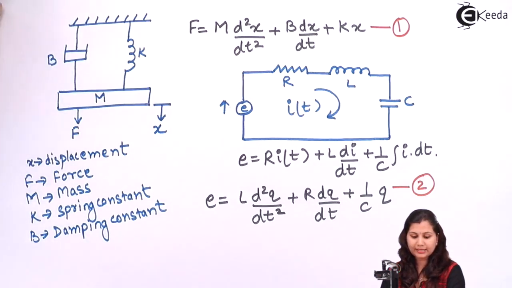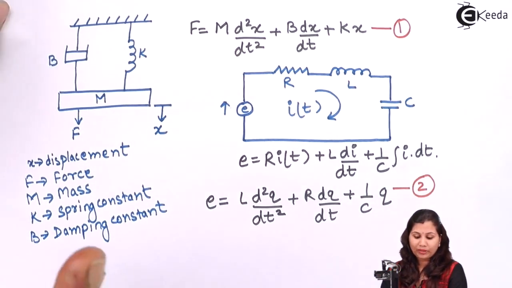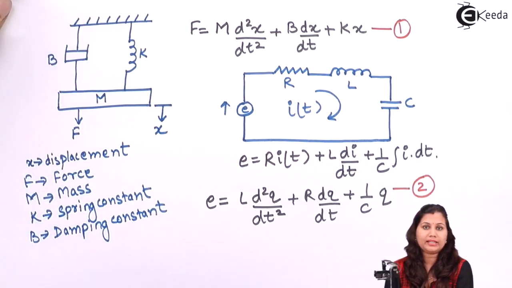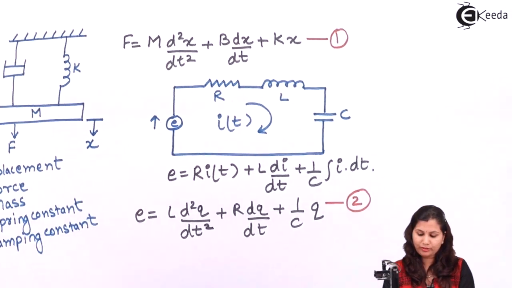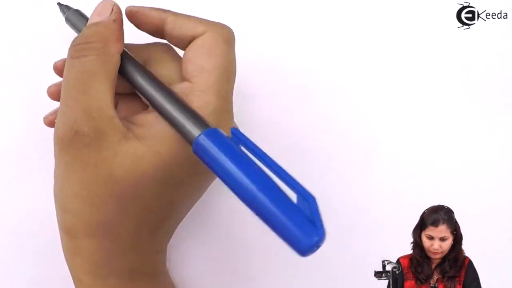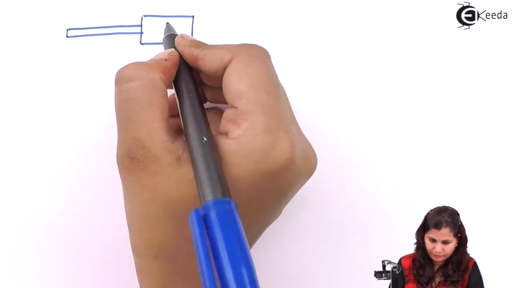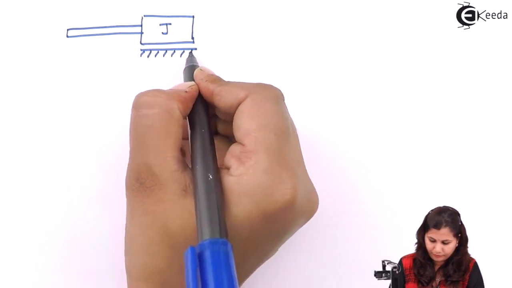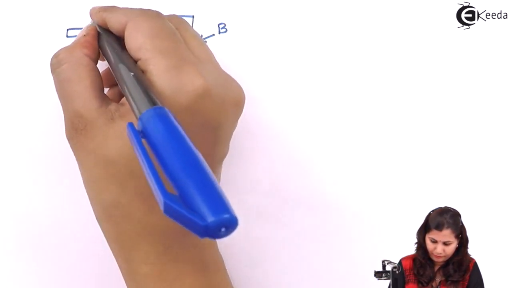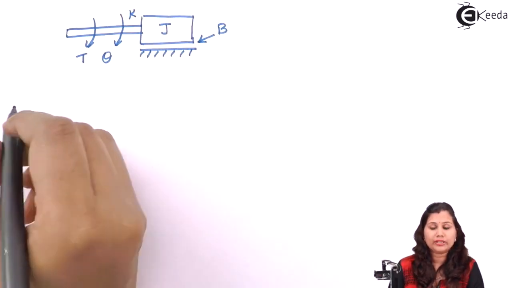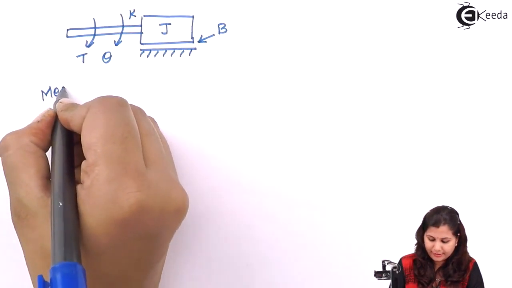Now let us consider a mechanical rotational system so that we can find out its analogous electrical system. So this is a mechanical rotational system.